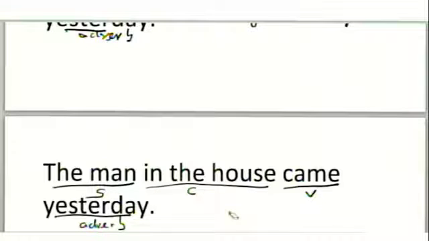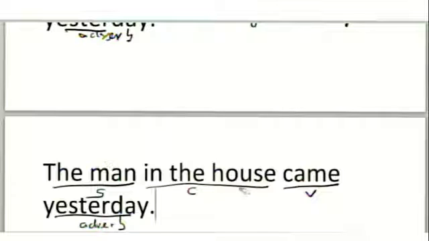So you see that in the clause, you have a subject, you have an adjective or complement, you have a verb, and then you have an adverb. These are the elements that make up a clause. The subject can be a noun or a noun phrase. For example, I can replace the man with John.